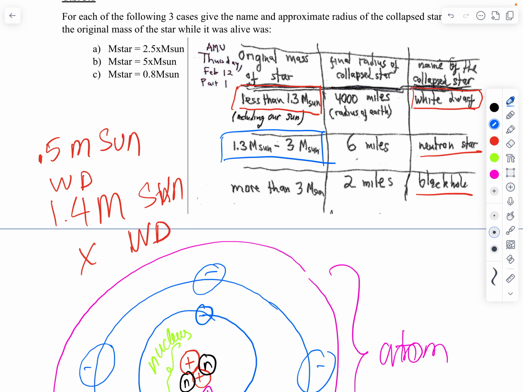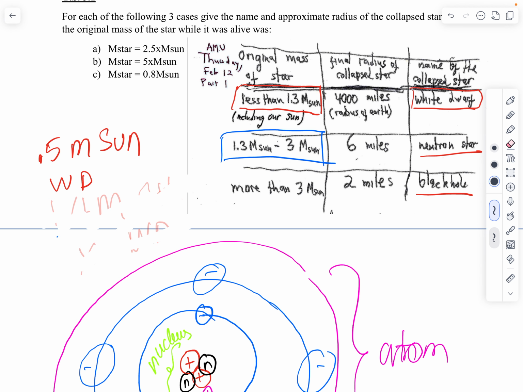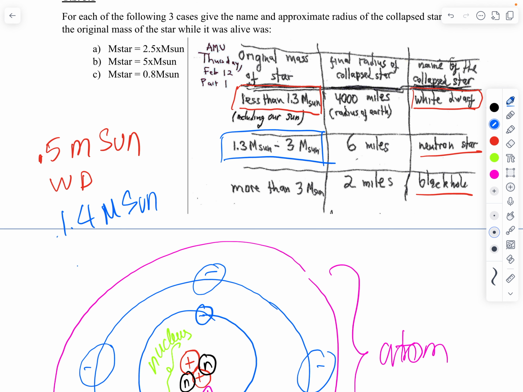So it's less than 1.3, 1.3 to 3, and more than 3. If it's 1.4 mass of the sun, it would be a neutron star, right? And if it's 2.9, it's also a neutron star.